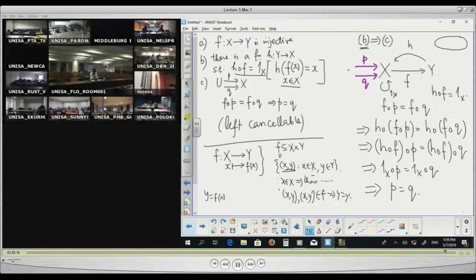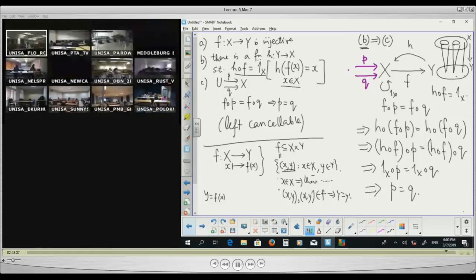This is a general function, how it looks like. Now I want a function from this side to this side, such that if I start with any point, this is my h. So I start here, I come back here, and when I go back, this equation tells me I have to go back here.